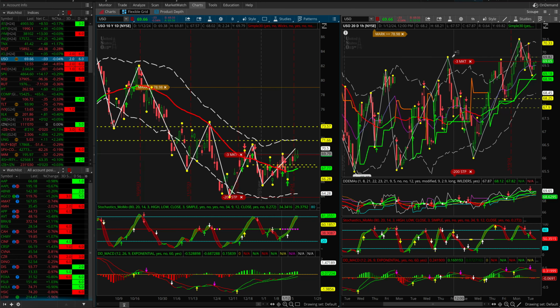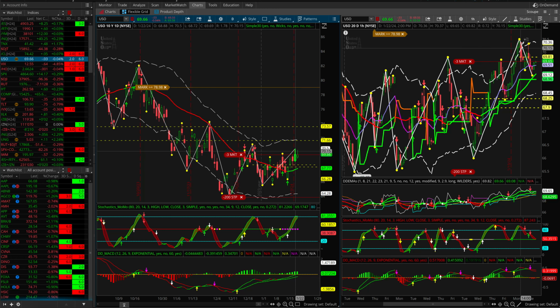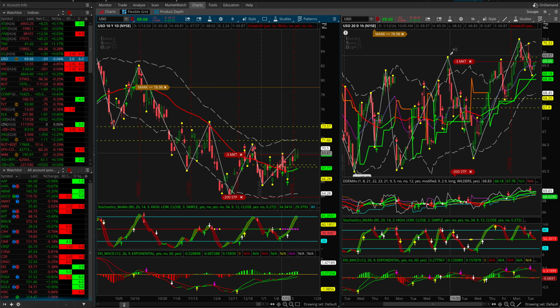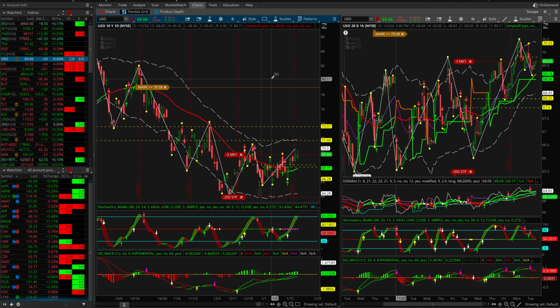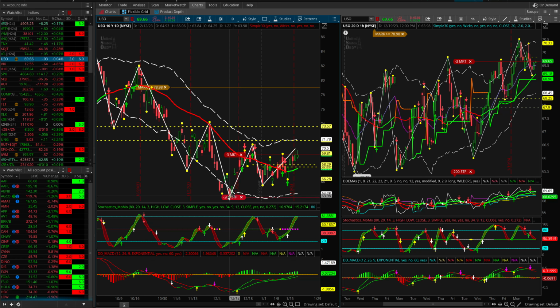We got it going on over here on the hourly chart. We've broken these pivots and hung around up there for a minute. So technically speaking, that is a break of structure to the upside, and we'll continue to watch it. And again, my pivot's down here now, my stop.